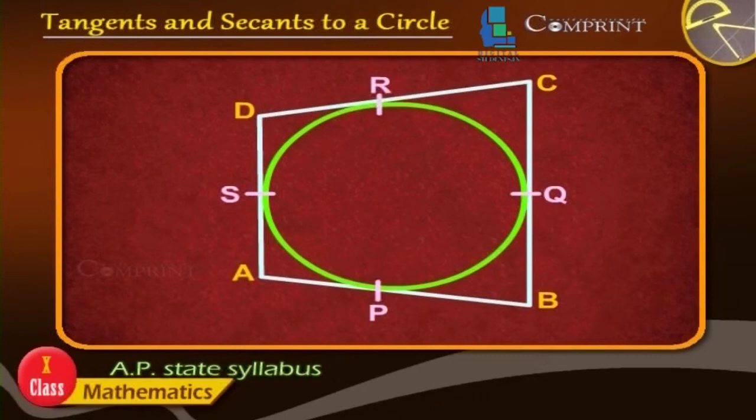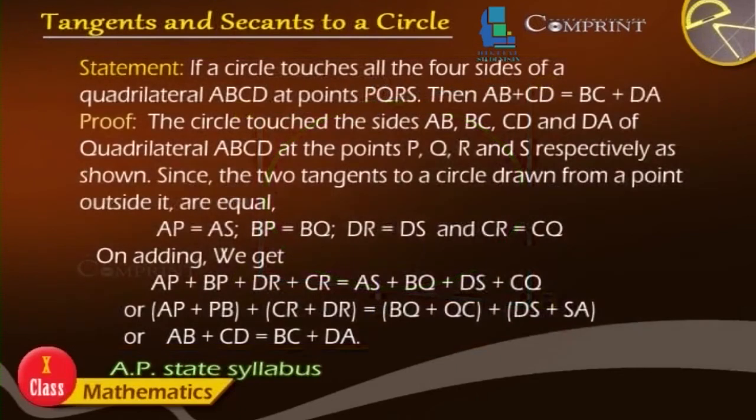The circle touches the sides AB, BC, CD and DA of quadrilateral ABCD at the points P, Q, R and S respectively, as shown.